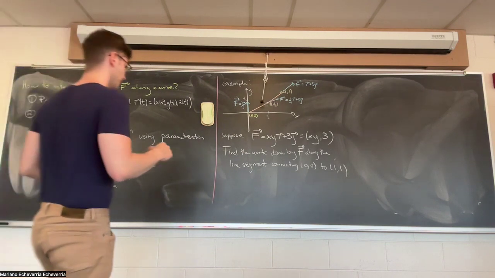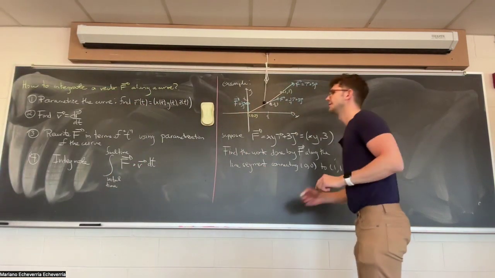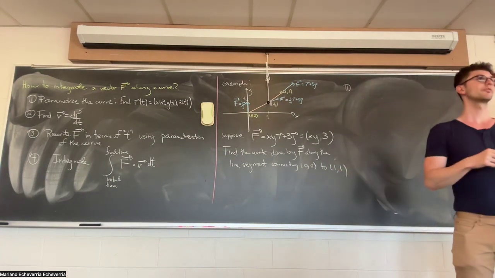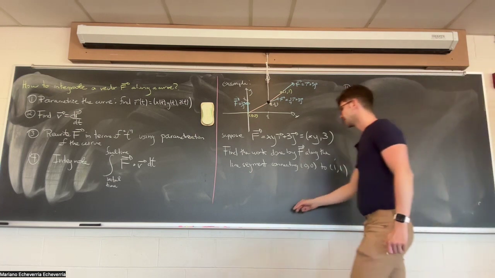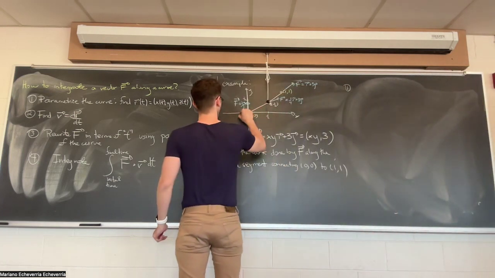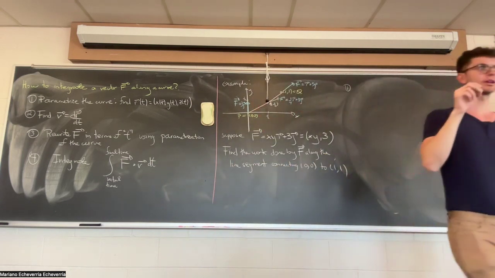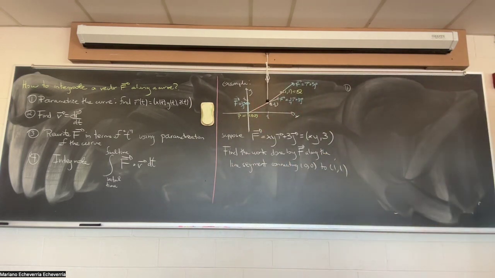The first step for solving this problem is to parameterize a curve. So we have to parameterize the line segment. Let's call P and Q the initial and final points of the segment.